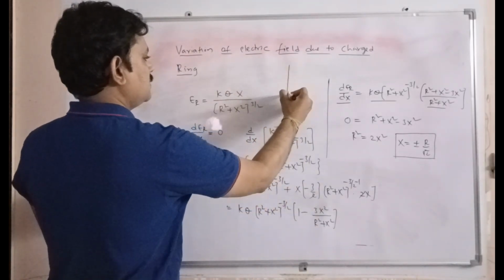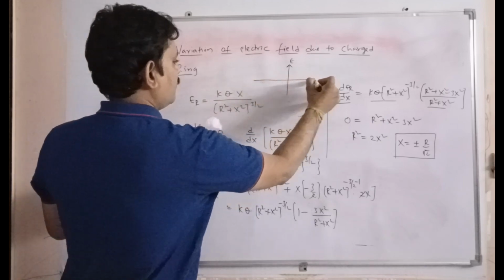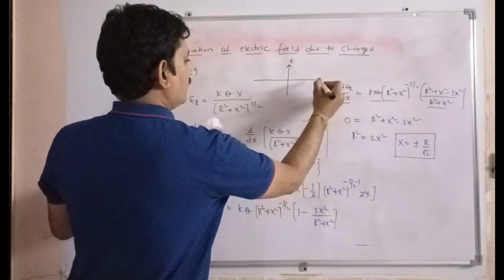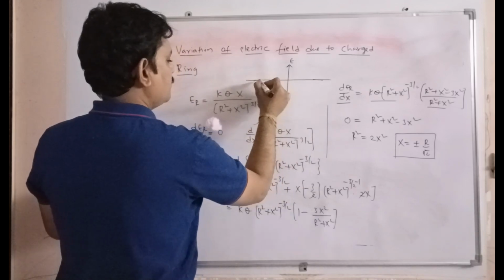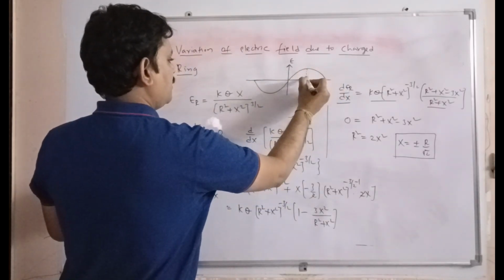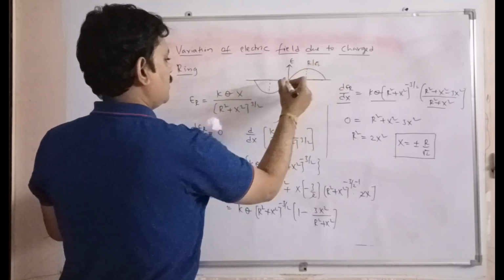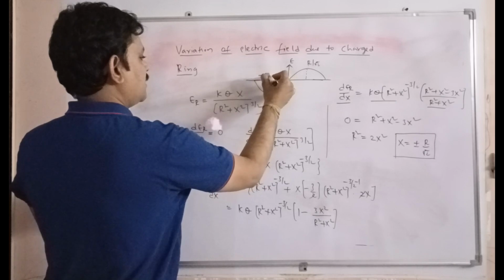See, this is the electric field. It is maximum here and here. This is r by root 2 and this is minus r by root 2.